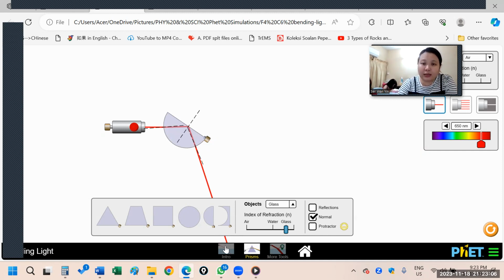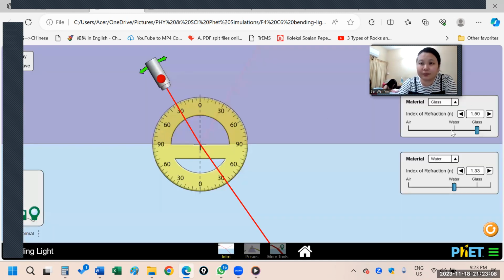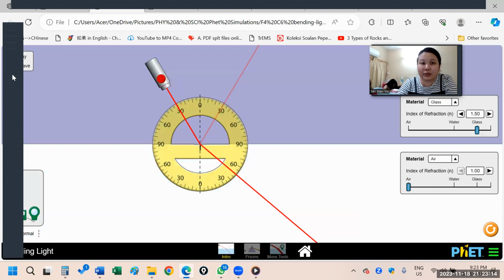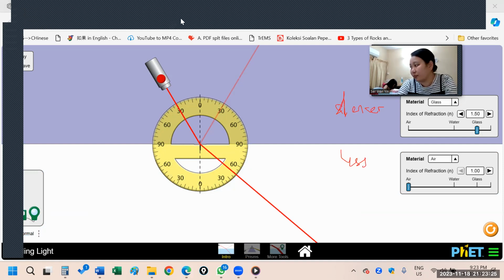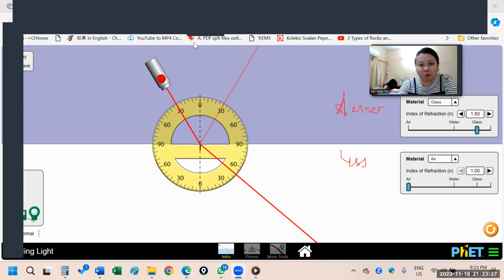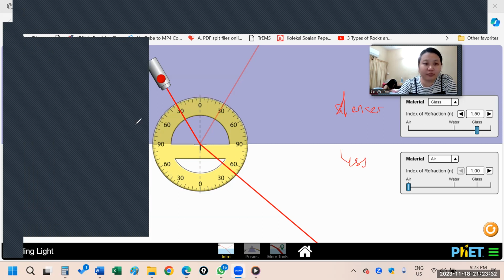Why? First, it comes from a denser medium to a less dense medium. Second, the angle of incidence I must be bigger than the critical angle C.